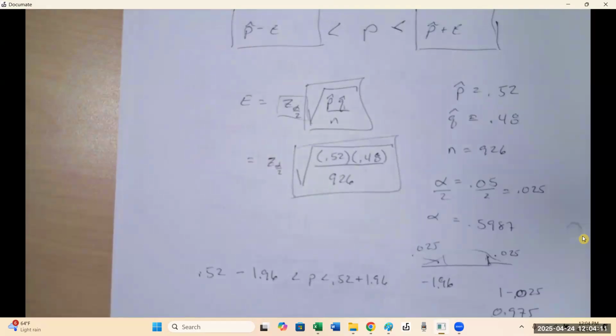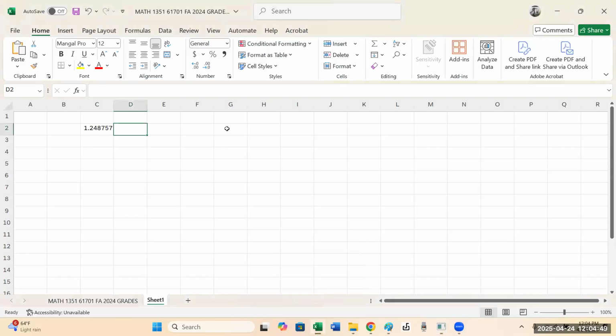Now we got the Z values. Well, let's see where that takes us.